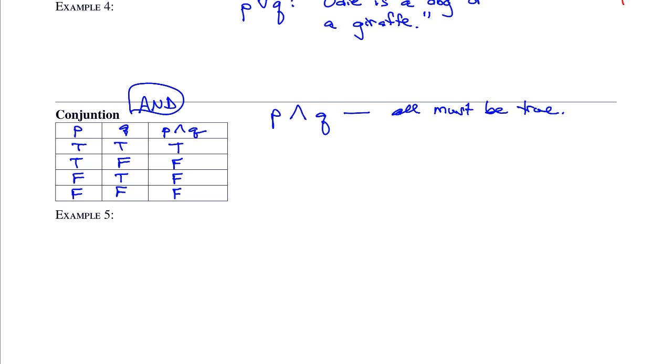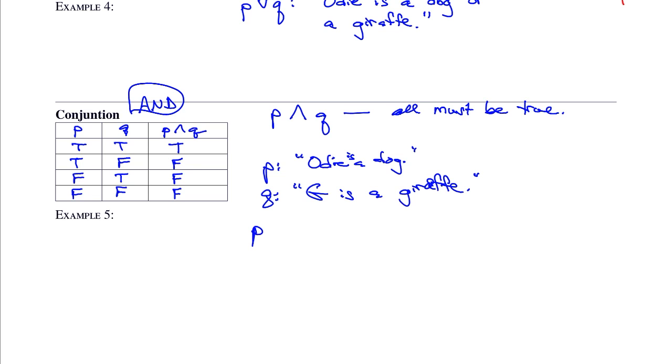All right. So P is Odie is a dog. Q is Garfield is a giraffe. What is P and Q? Odie is a dog and Garfield is a giraffe.